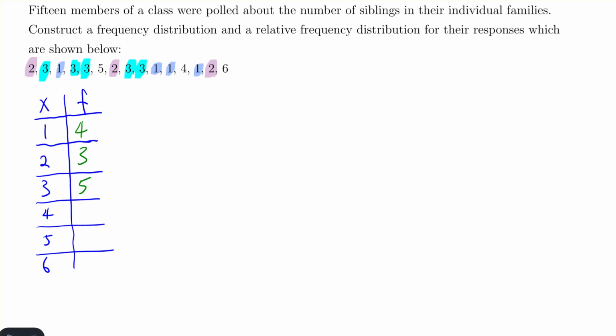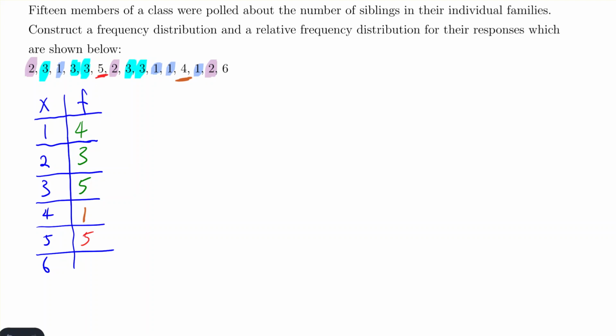And let's look at 4. For 4, there's only 1. Oops, sorry, that's meant to write 1. Only 1 person with 4 siblings. And let's look at 5. There is only 1 person with 5 siblings.